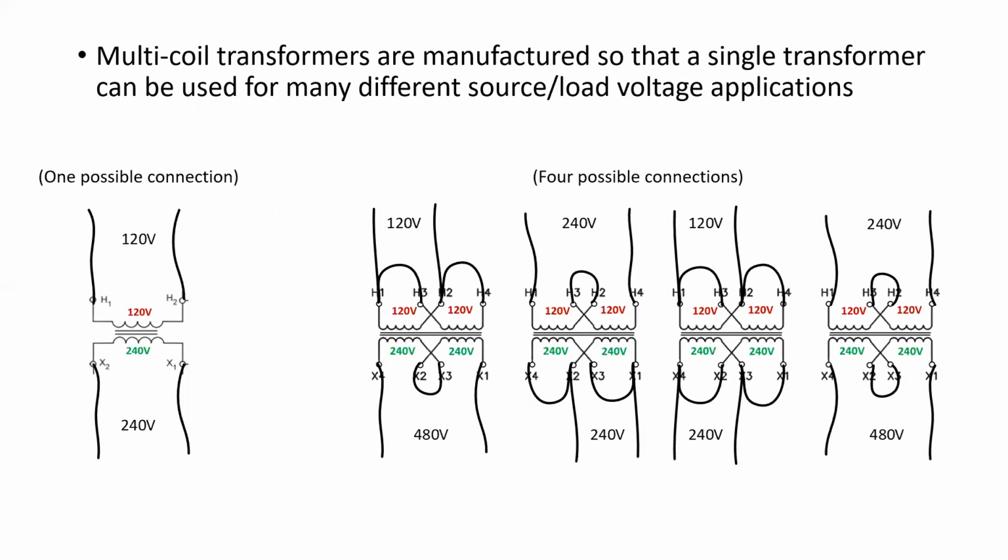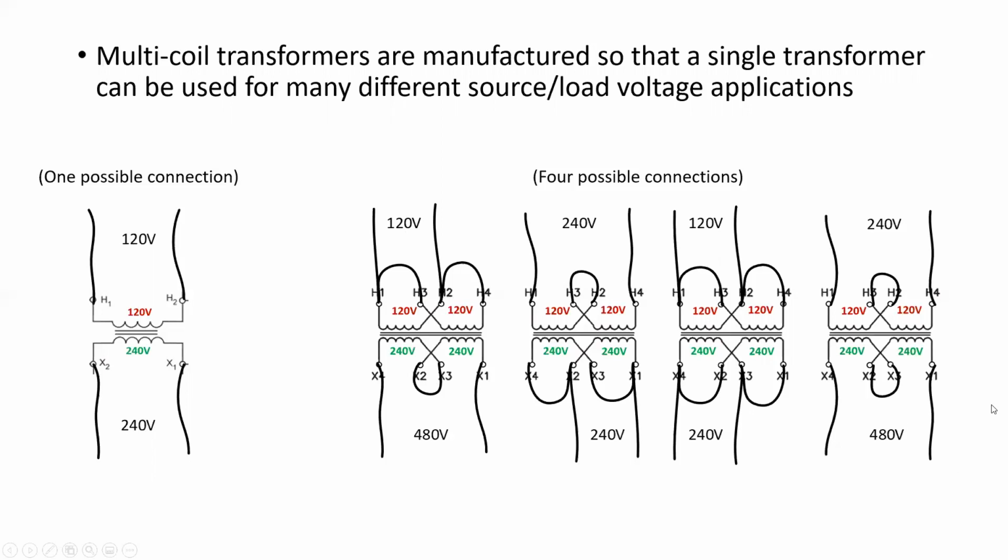Multi-coil transformers are manufactured in this way so that we can do all sorts of different combinations. So not only can we do series and parallel on the primary, we can also do series and parallel on the secondary. So look at these 4 different connections. 120 source to 480 volt load, 240 volt source, 240 volt load, 120 volt source, 240 volt load, and 240 volt source and 480 volt load.